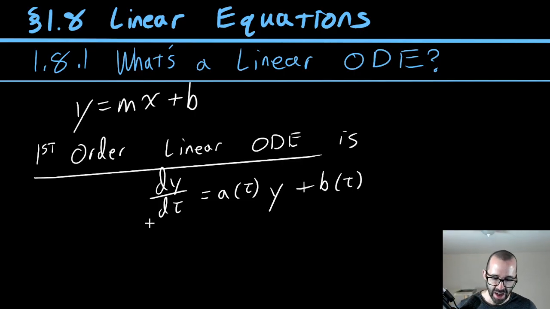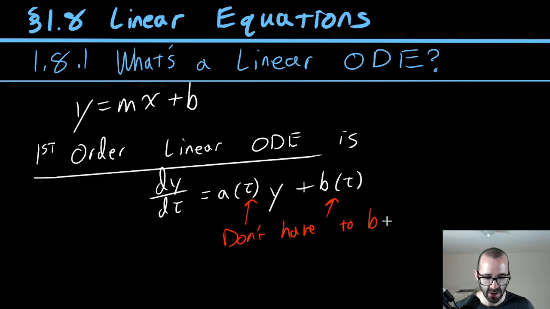Okay, so this is what we have. And again, I should really point out, right, these two functions don't have to be linear. So A and B can be as messy as you want, but they do have to only depend on time. So let's look at some examples of linear ordinary differential equations, and we'll just worry about first order for now.